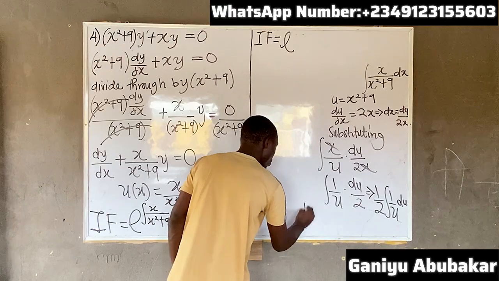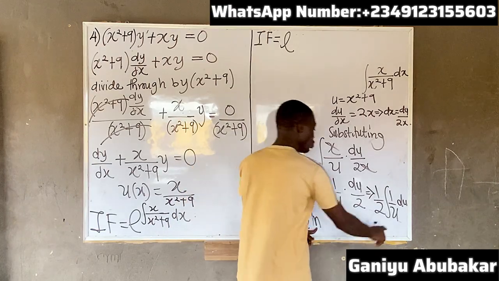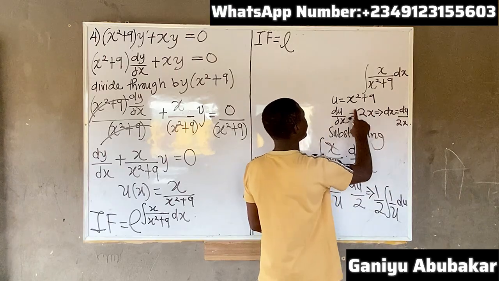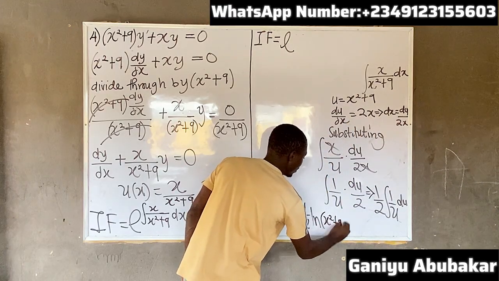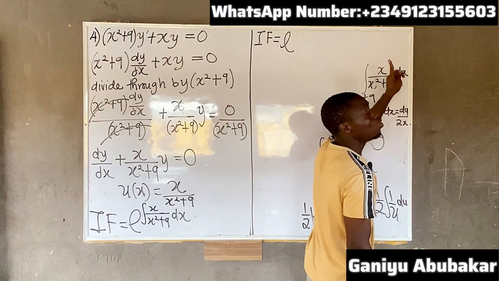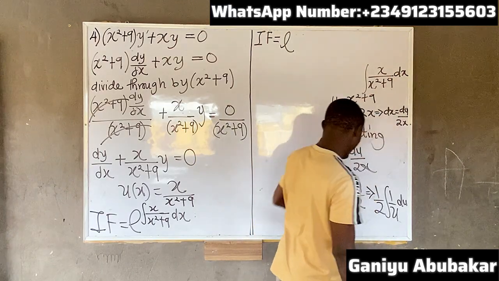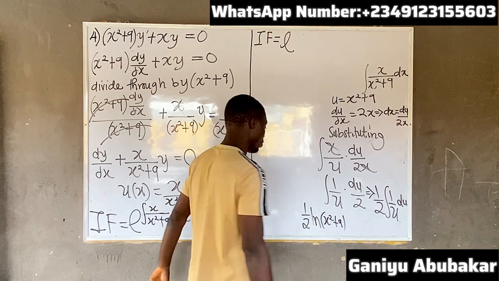So I'll be having 1 over 2 ln u, but what is u? u is x squared plus 9. So if I integrate x over x squared plus 9 with respect to x, I'll have my answer as 1 over 2 ln (x squared plus 9).